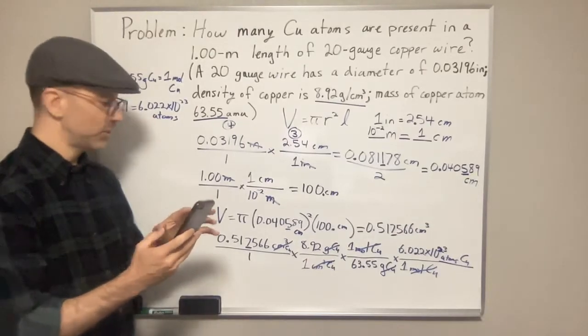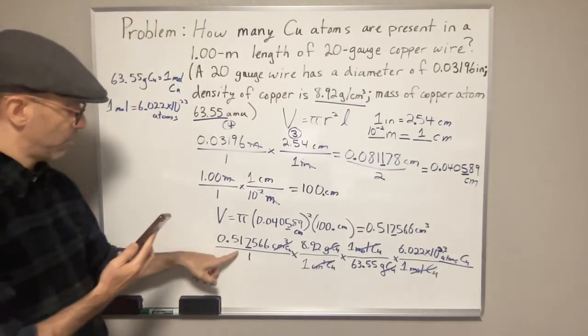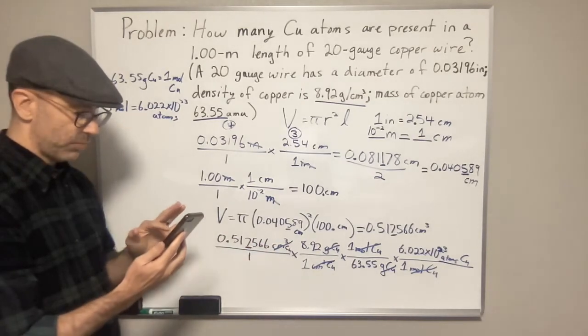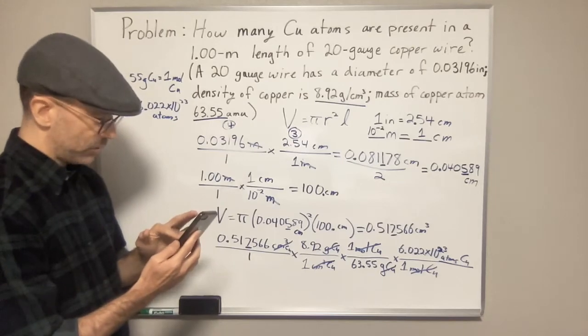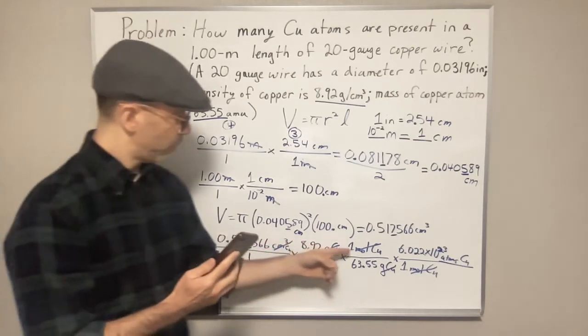Let's get into this. So I'm going to take this number here and multiply that by 8.92. And then multiply by 1.